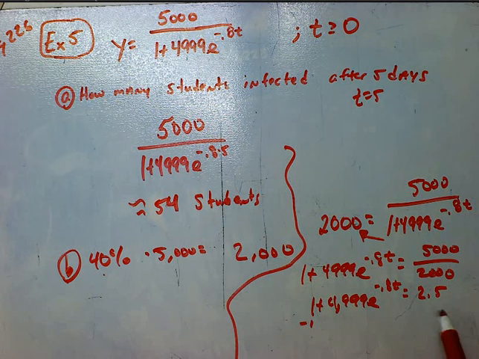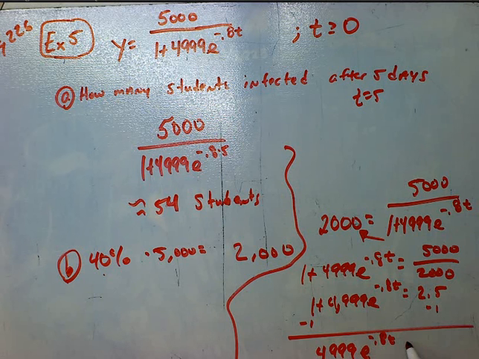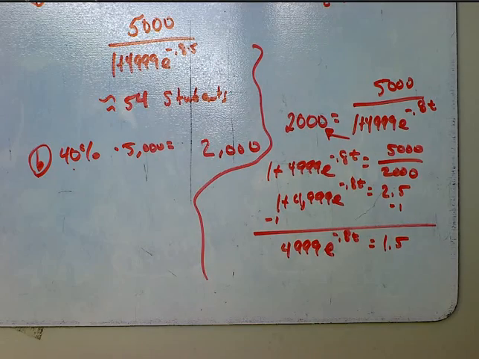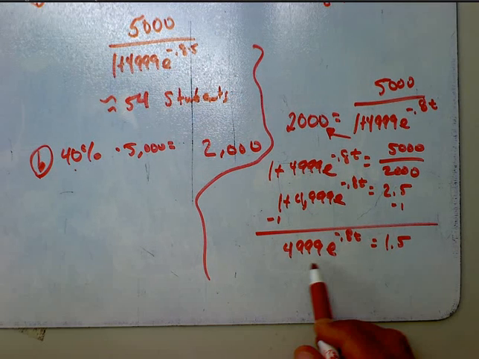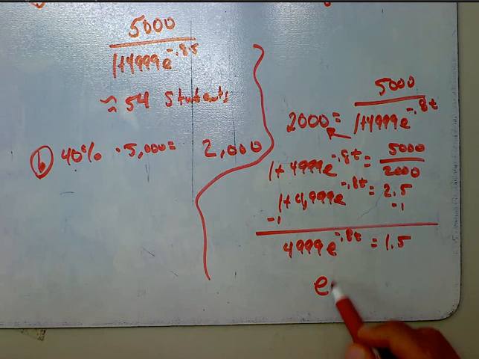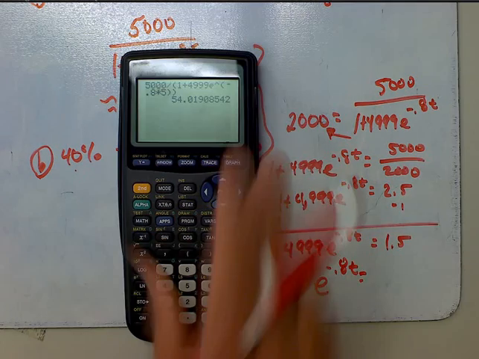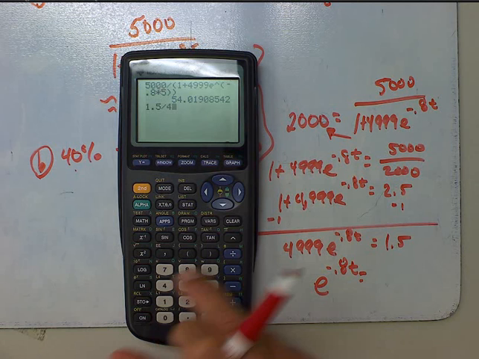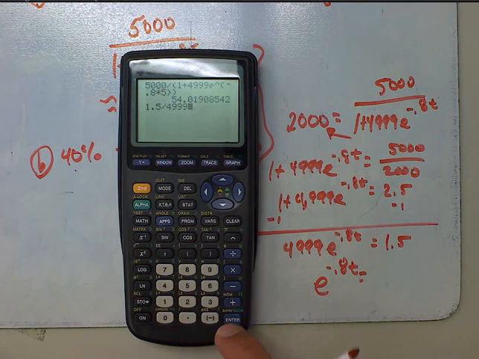That gives me 4,999 e to negative 0.8 t equals 1.5. I've got that. Move it up a little bit to help give us more space. I'm going to now divide by 4,999 to get e to the negative 0.8 t equal to, I'm going to go ahead and do this on my calculator. 1.5 divided by 4,999, enter, and it gives me that number.